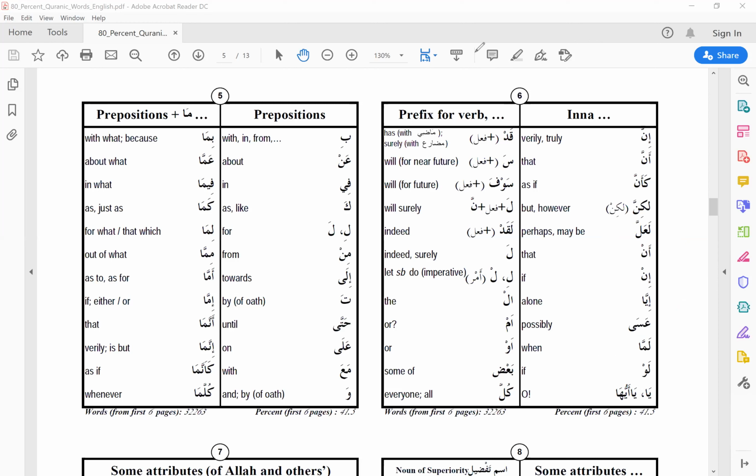Ya and ayyuha. Now, ya ayyuha is actually composed of two items. The ya, which means you're calling on somebody, you're trying to grab their attention. And ayyuha is decomposed of ay and ha.